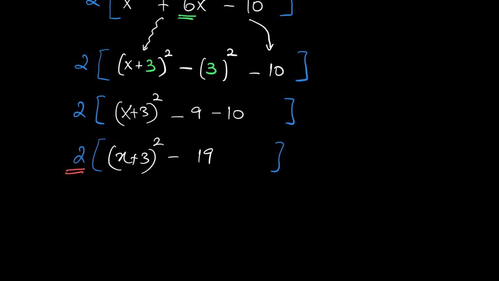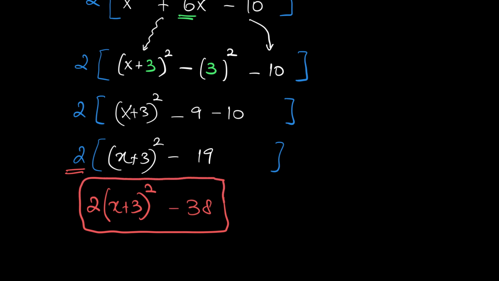So what you want to do for this one is multiply the 2, write the 2 और उसके साथ ये ब्रैकेट लिख दो और स्क्वायर लगा दो. ये 2 इस ब्रैकेट के अंदर नहीं जा सकता, so I'm bound to just keep it here and not multiply it inside because there's a square on this bracket. So this 2 has to stay here to show that it is being multiplied with this bracket. But as for the 19 is concerned, 2 times negative 19, you make it negative 38. This is your final answer for these types of problems.